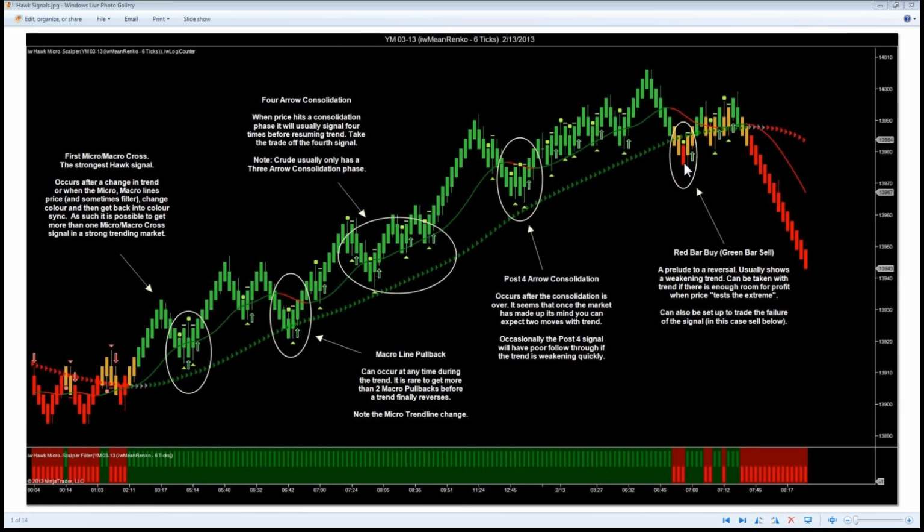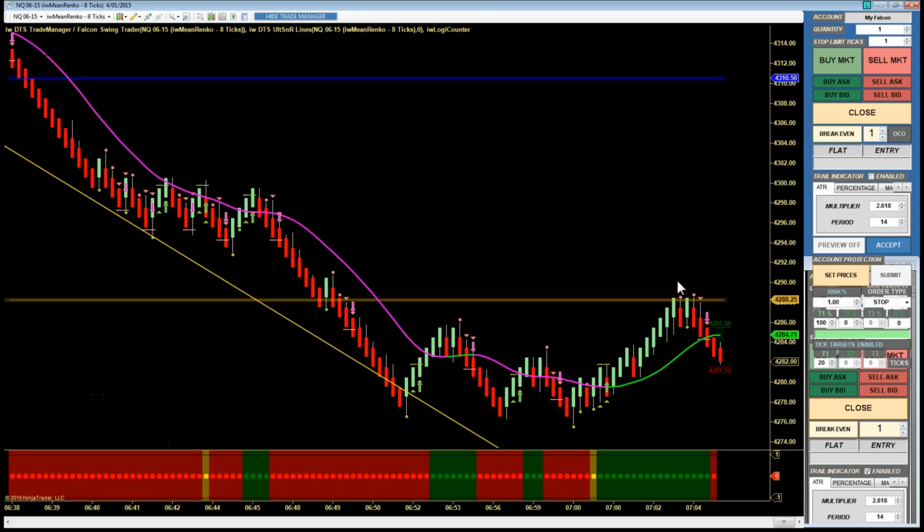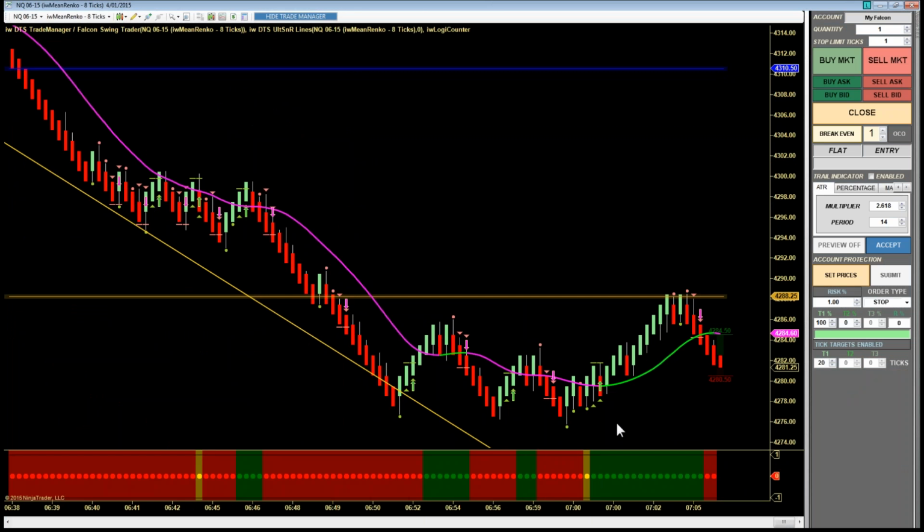So each market has its own characteristics, but generally speaking, it tends to be a weaker signal, tends to develop near the end of the trend, and can also be used as our counter trend signal. So those are the types of things that you look for, and we have comparable signals for the Falcon and the Eagle and the Raptor.